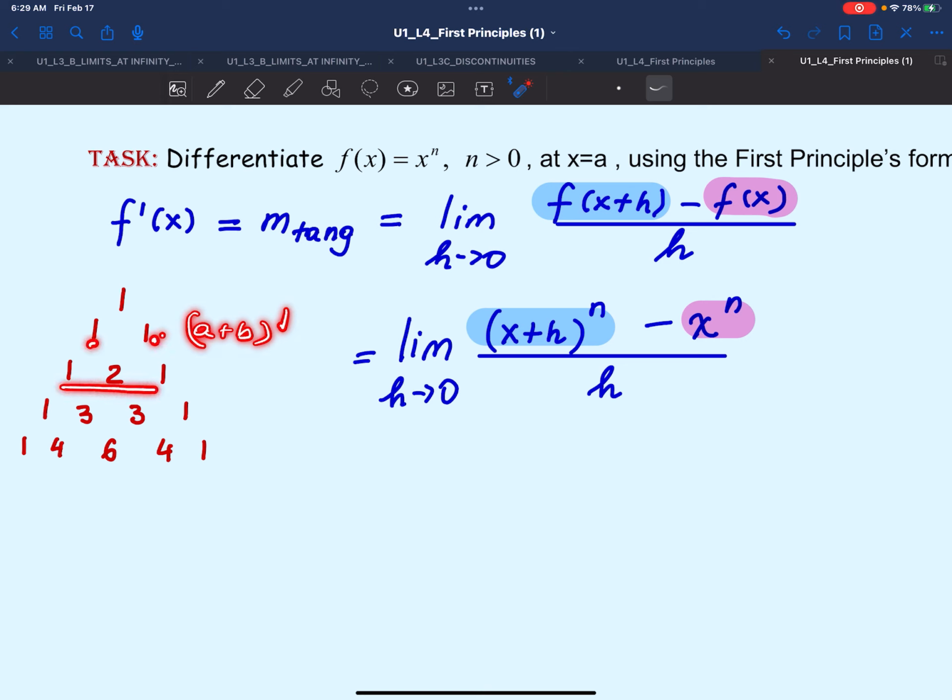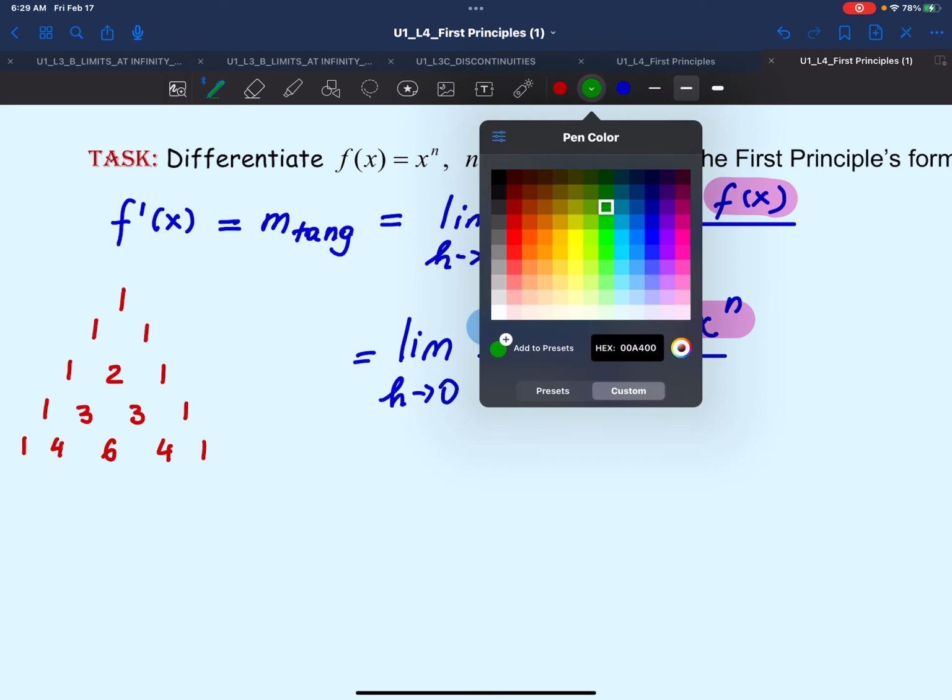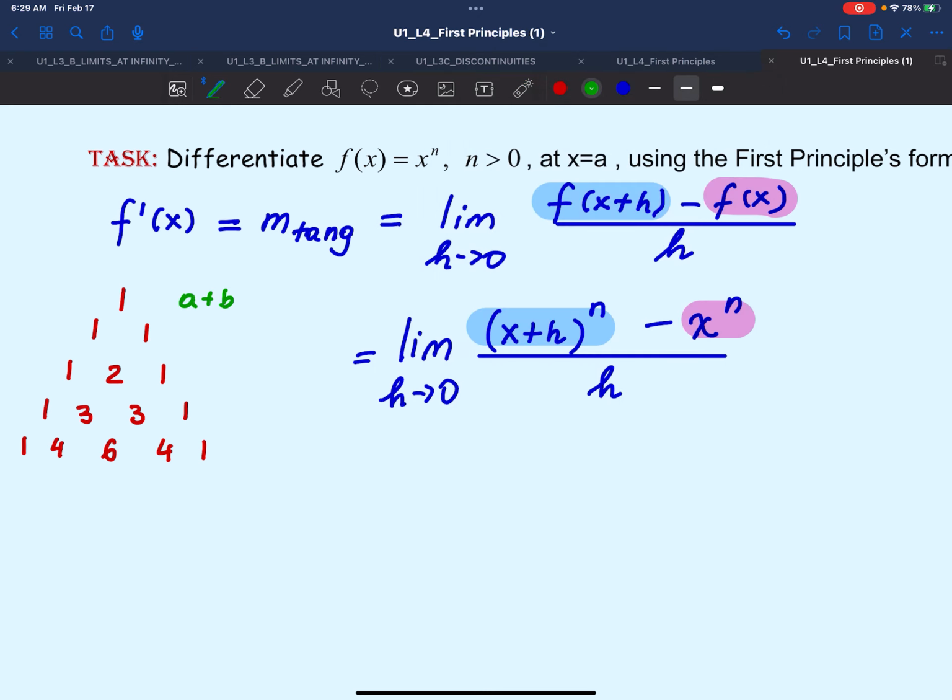So this would be for a plus b power 2, a plus b power 3, a plus b power 4, and I'm going to write them down on the side here. So a plus b power 0, a plus b power of 1, a plus b power of 2, a plus b power of 3. I'm going to stop somewhere. Don't worry.